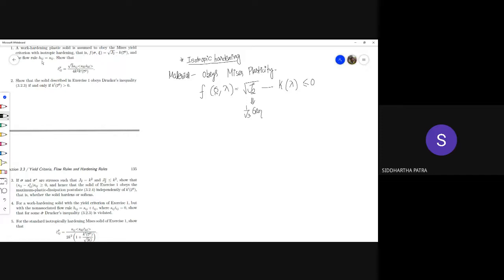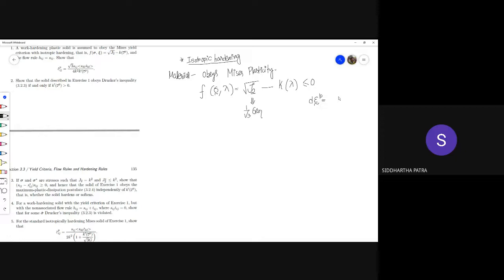Okay, and this Hij is Sij. It basically means you can represent the plastic strain increment. This is not an equivalent quantity, this is the tensorial quantity.